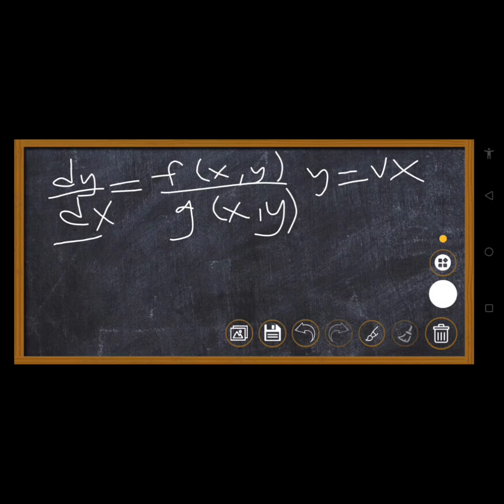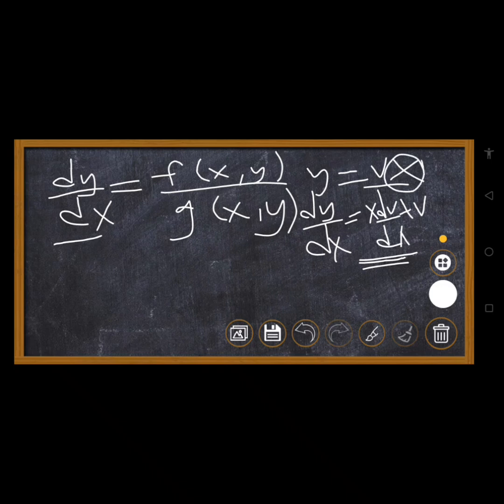After you replace there, also you differentiate this, equals to x dv over dx plus v. So where there is dy over dx, we replace with that, and where there is y, you replace with this. After you are done with this, you simplify, or rather you factorize where there is x.